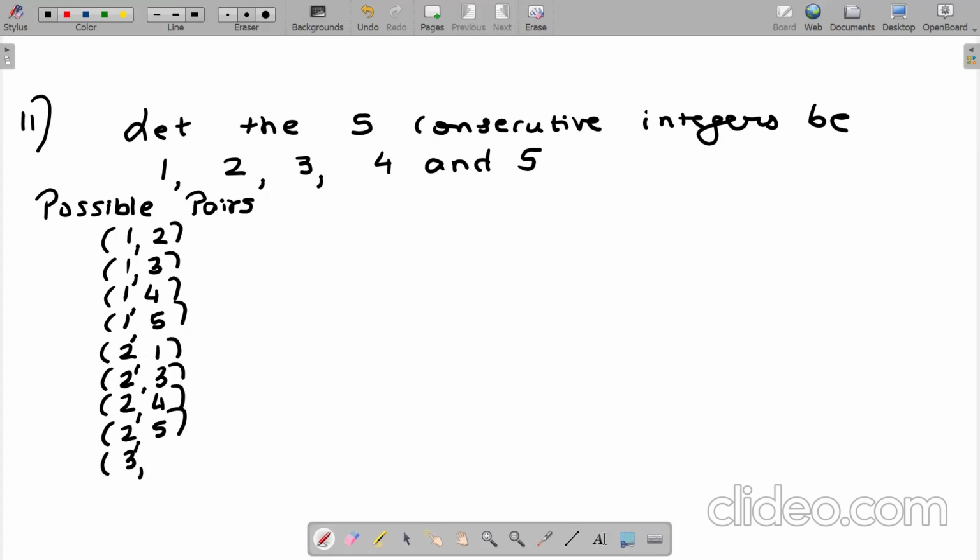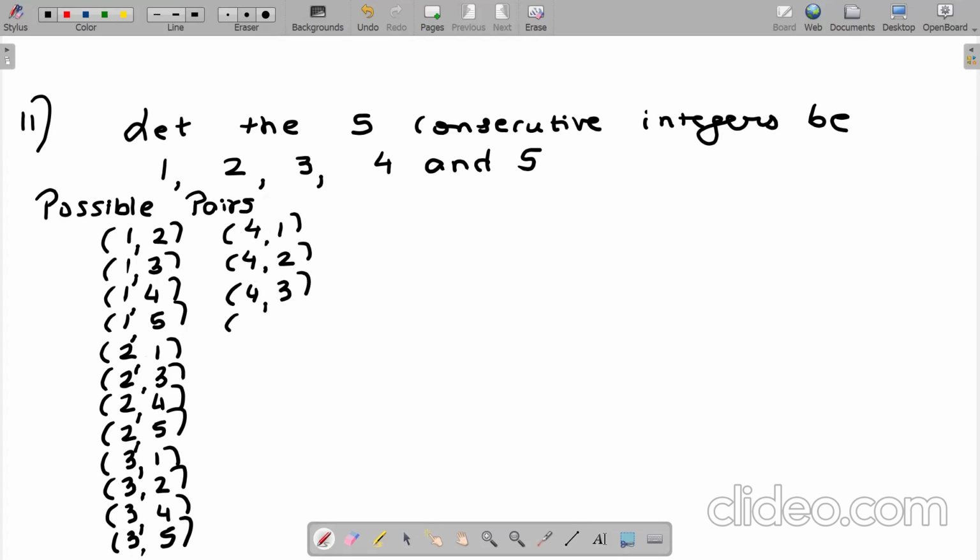Then I have 3 1, 3 2, 3 4, 3 5. Then we have 4 1, 4 2, 4 3, 4 5. Then we have 5 1, 5 2, 5 3, and 5 4. These are the possible pairs of two distinct integers we can have.